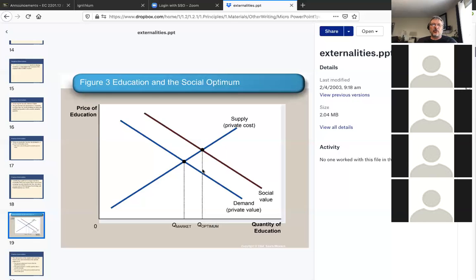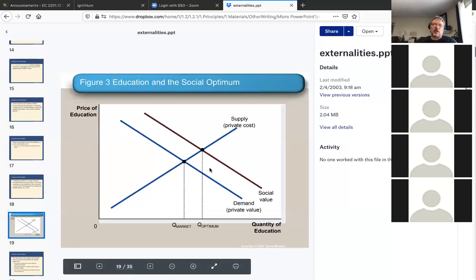So the main point is that, yes, getting vaccinated confers a benefit on other people in society, and so instead of taxing it to discourage it, notice here that the equilibrium quantity that the market produces is below the optimal quantity.